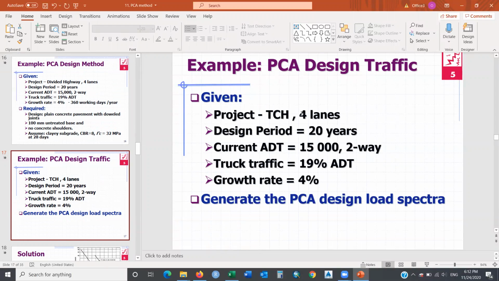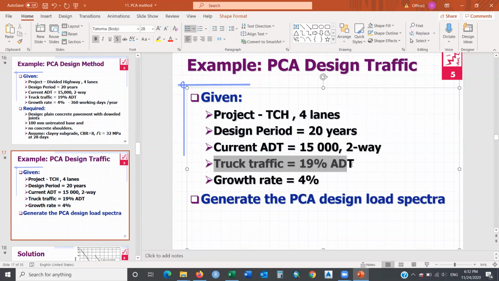So this is a multi-lane road, and we have a significant number of trucks. That means that most likely we will use a high load safety factor. How much?